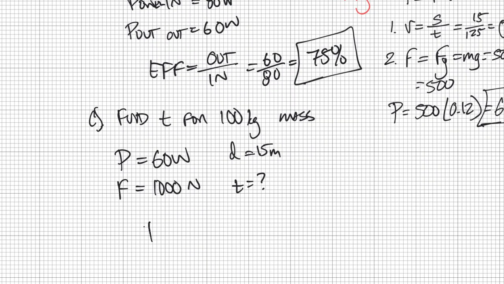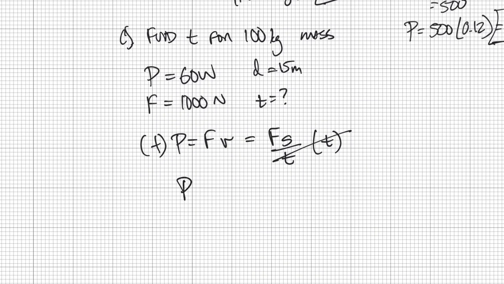So looking at that, power is force times velocity. We can rewrite that as force times displacement divided by time. I'm going to get time by itself, multiplying each side by time, and then we get power times time equals force times displacement.